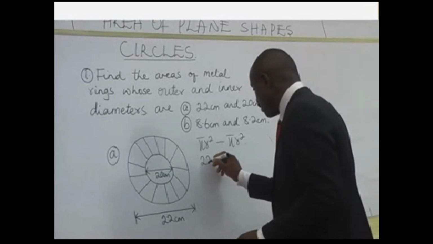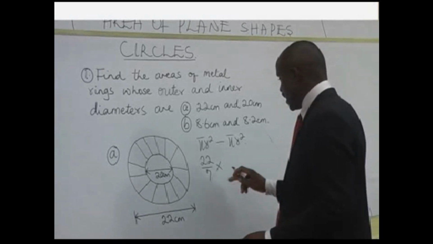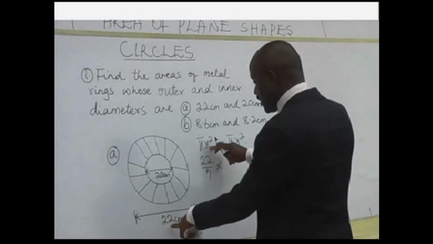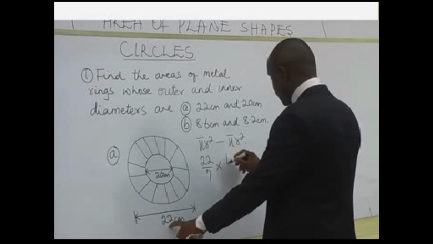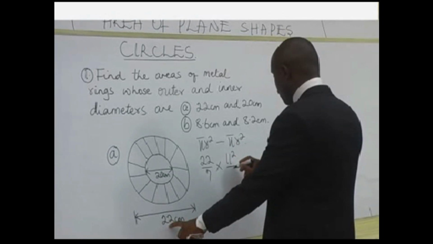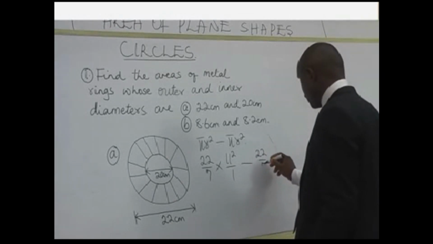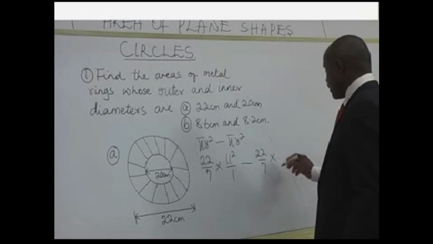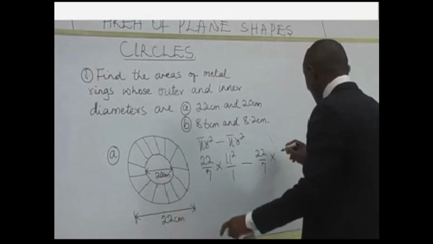Here we have 22 all over 7 times the radius of the bigger circle, which is half of the diameter. Half of 22 is 11. So we have 11 squared all over 1. Now minus the same 22 all over 7 times the radius of the smaller circle, which is half of the diameter, which is 10.